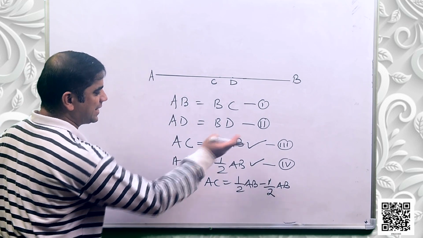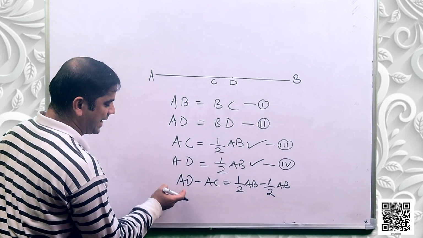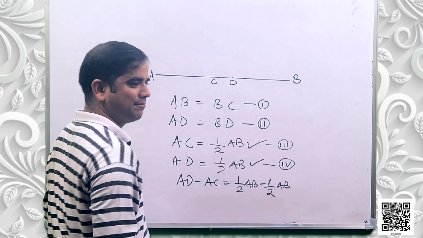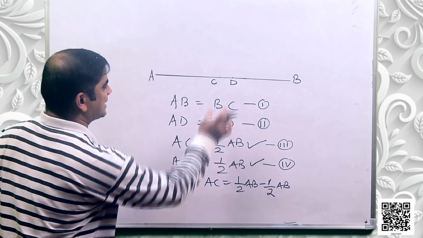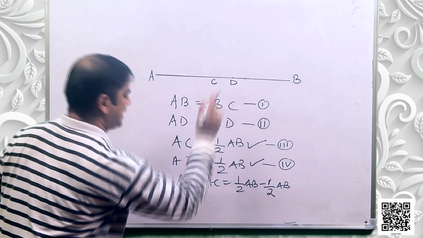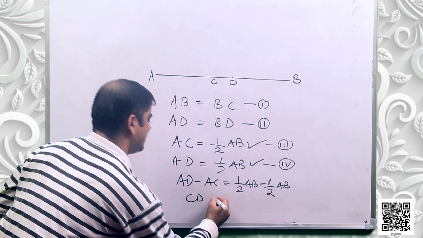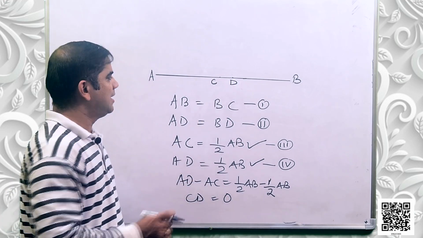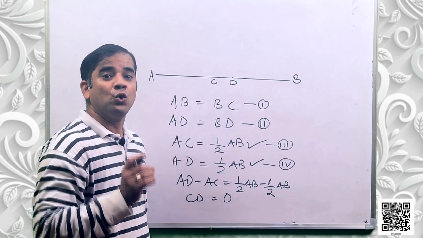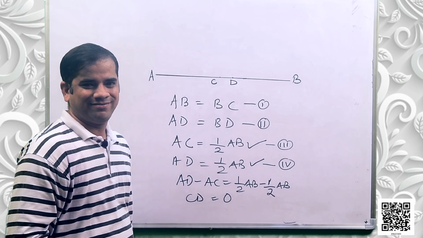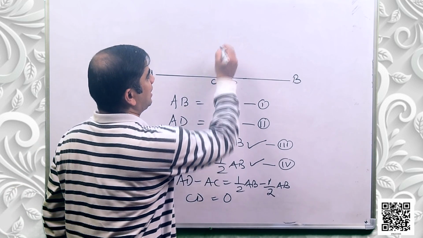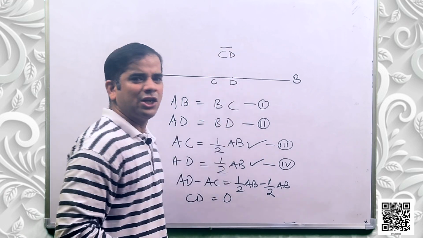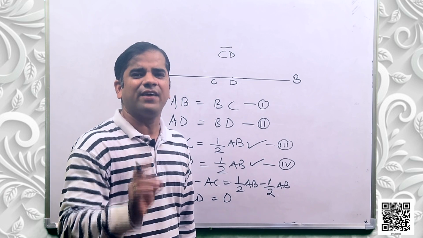So, when I subtract equation 3 from equation 4, I get AD minus AC is equal to half AB minus half AB. So, AD minus AC, which is CD, is equal to 0. What does it mean? CD has no length at all. As per this diagram, CD is a line segment, and a line segment should have some amount of length.